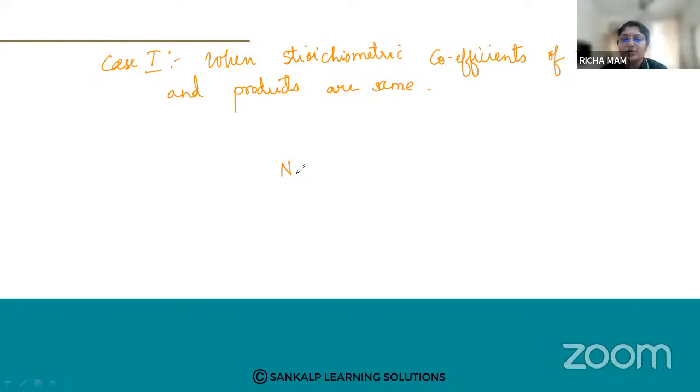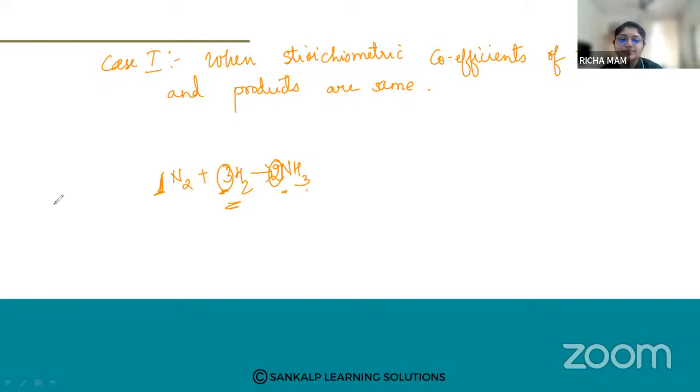What do you mean by stoichiometric coefficient? I'll tell you. N2 plus 3H2 giving you 2NH3. So these numbers, 1 mole of N2, 3 moles of H2 and 2 moles of ammonia, represent the stoichiometric coefficients.